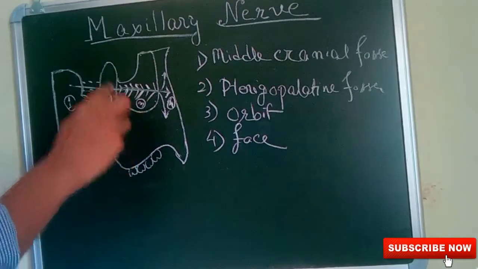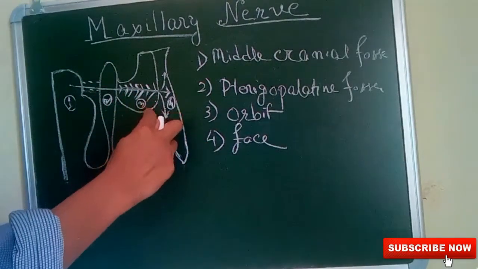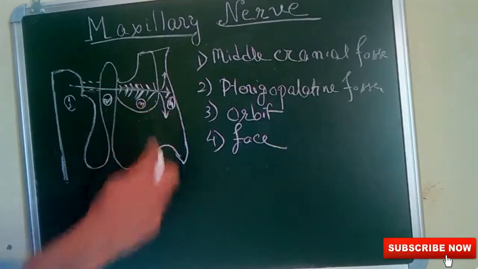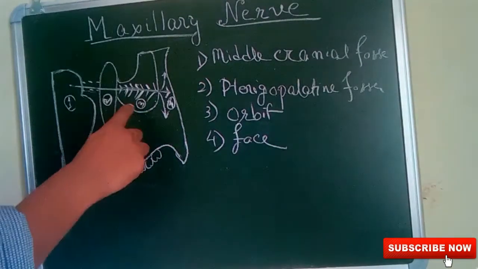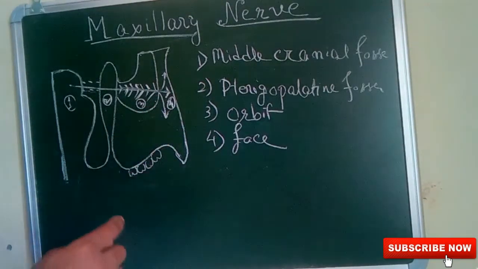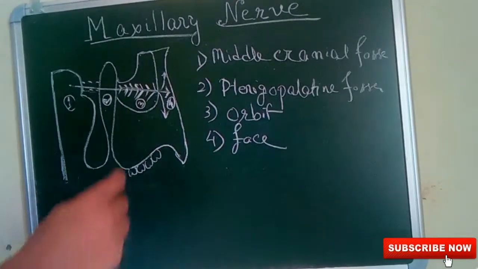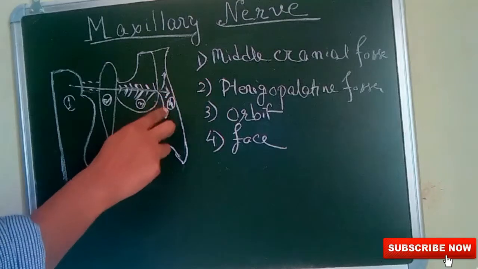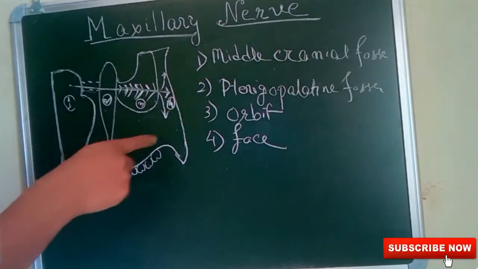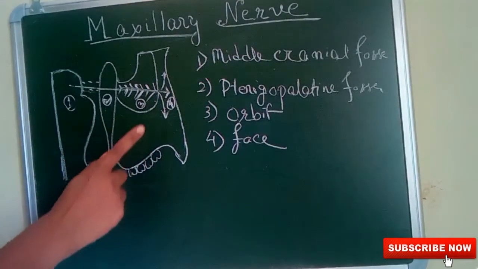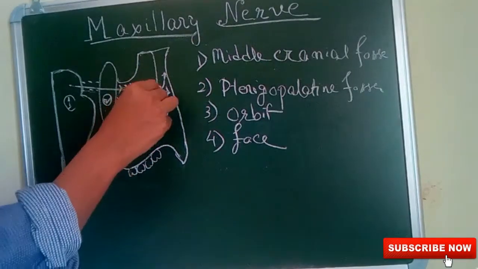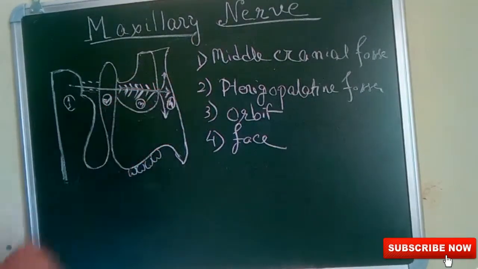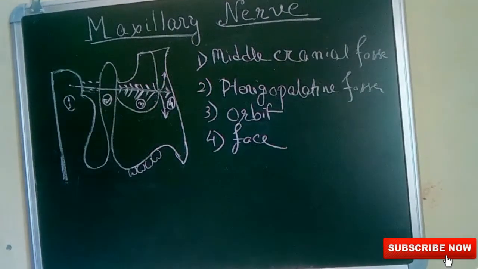Then this nerve runs forward along the floor of the orbit, in the infraorbital groove and canal, and appears on the face through the infraorbital foramen, which opens into the face. This is the course and relations of the maxillary nerve.